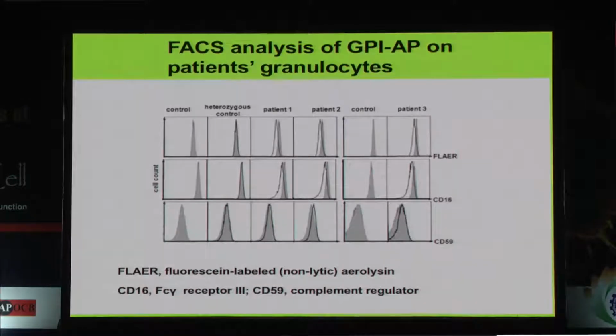If we study the cell surface expression level in the patient blood granulocytes, the reduction is very mild compared to the normal level of GPI. The patient granulocytes have a partial deficiency. CD16, one of the GPI proteins, is the most sensitive and decreases, but CD59 is not decreased.